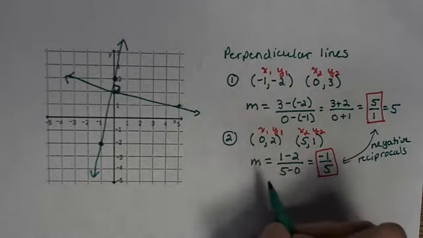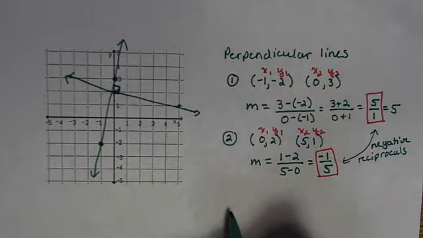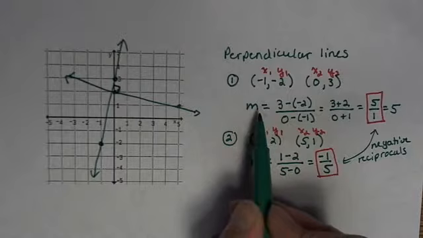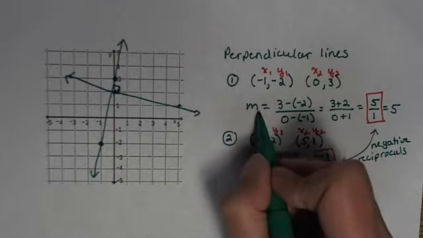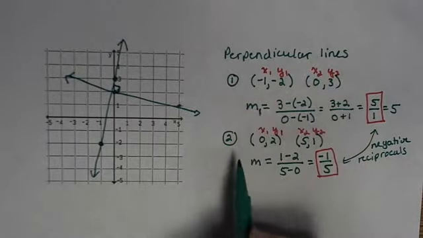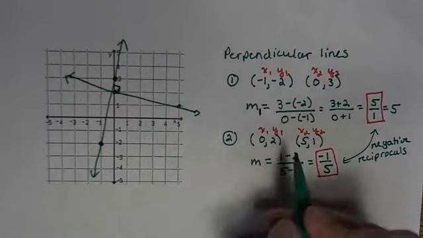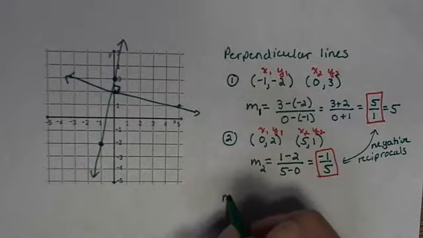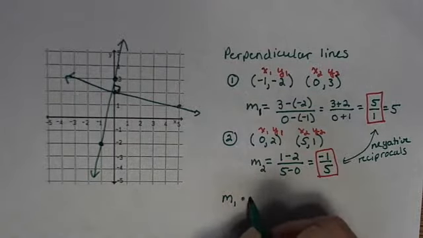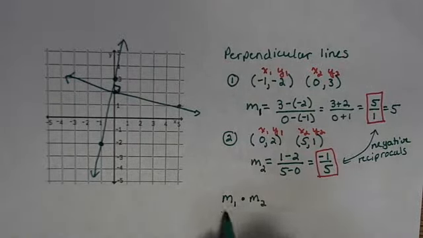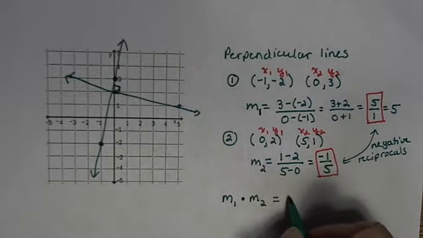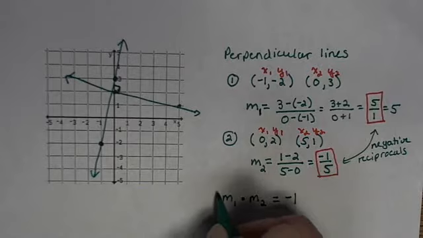Now in general, if I take a look at the slopes of these two lines, so remember I used slope in both of these cases. Since this was a slope for line 1, I might call it m sub 1. Since this was a slope for line 2, I might call this m2. So I can say that m sub 1 times m sub 2, or when I multiply these two slopes, they end up giving me a result of negative 1.